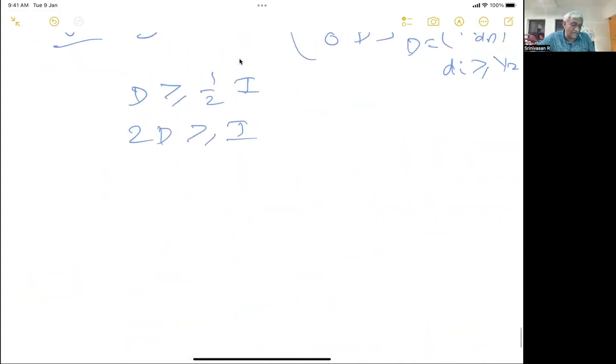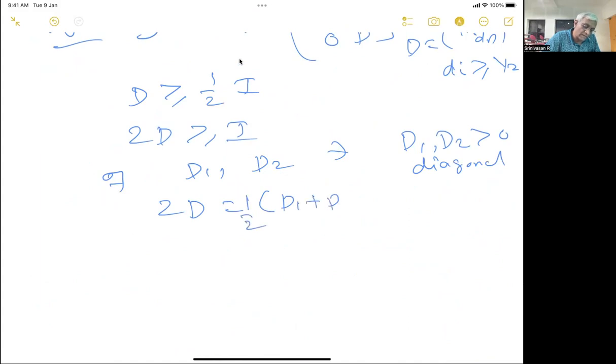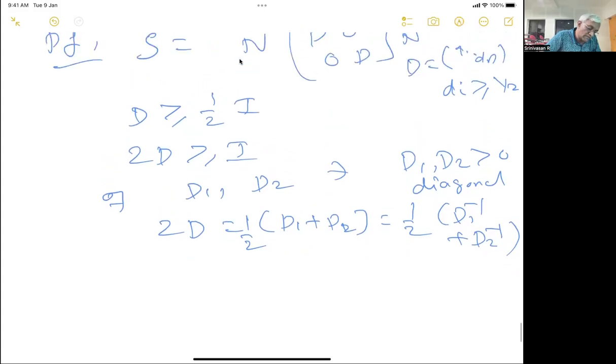So there exist D1, D2, both strictly greater than 0 and diagonal, such that 2D equals D1 plus D2, and 2D equals D1 inverse plus D2 inverse.